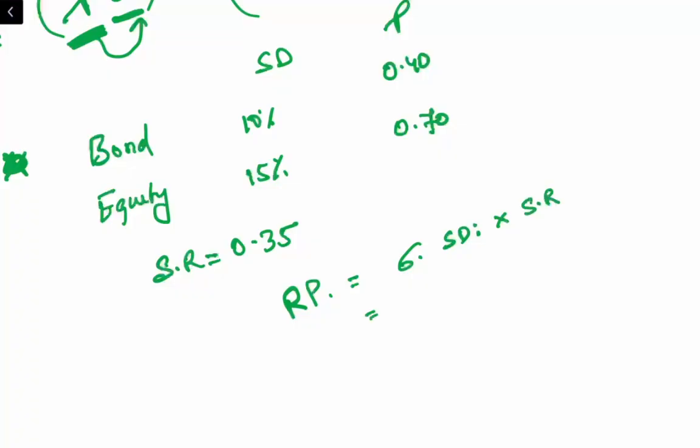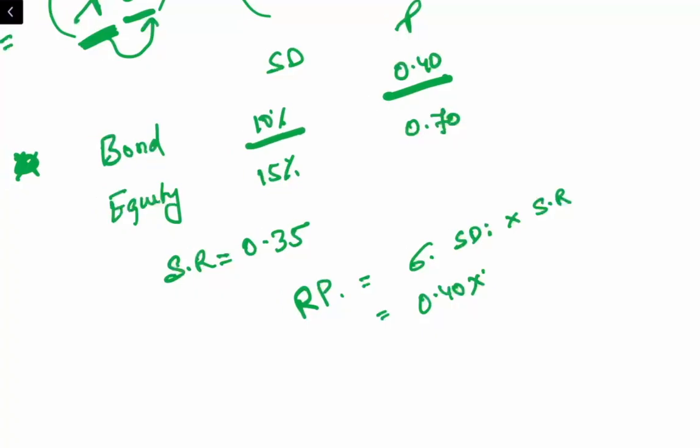Clear? So let us start with the bonds. Correlation is 0.40. Clear? Standard deviation of the asset 10%. Sharpe ratio 0.35. So how much is the risk premium in the bond?